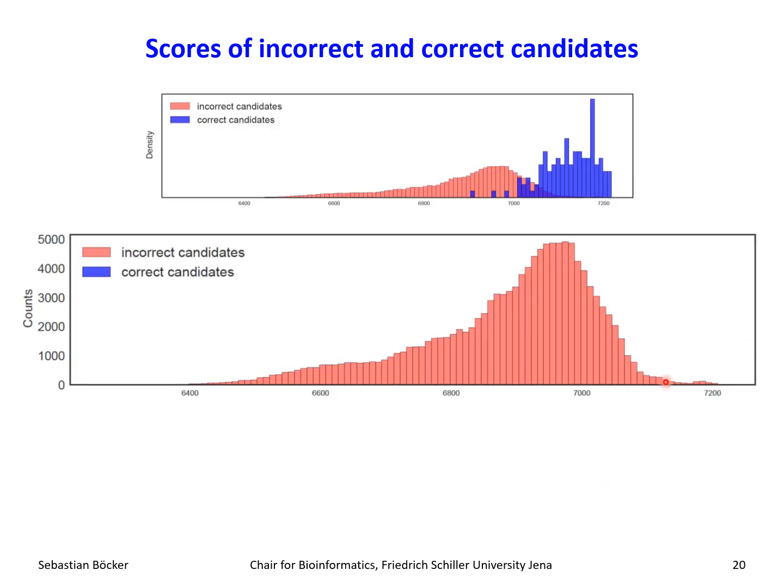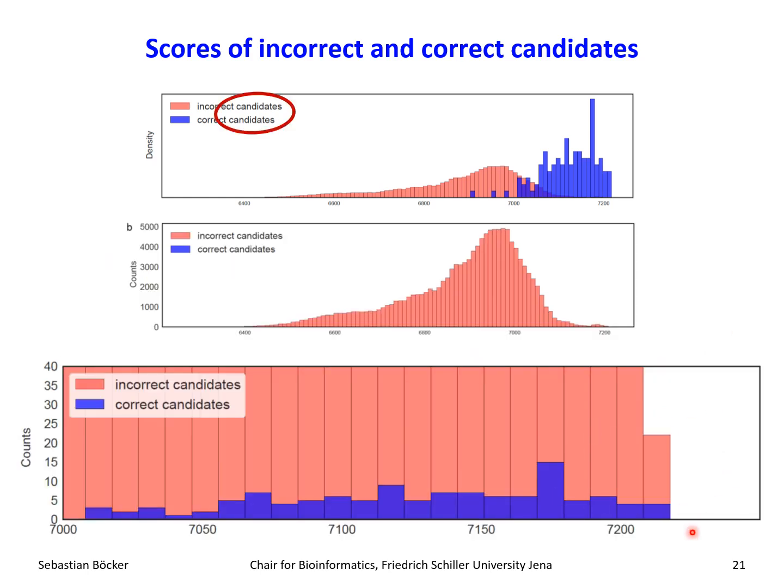What happens if you can't even see the correct candidates anymore? So let's zoom in. And this is now the zoom in. This is this area here, very much enlarged. And you see that the correct candidates are negligible in comparison to the incorrect candidates. And you always also find incorrect candidates which will receive extremely high scores.